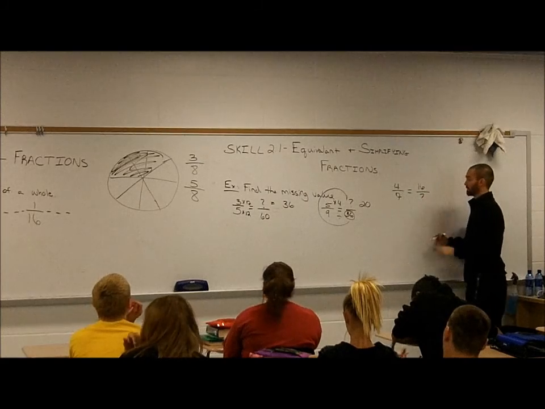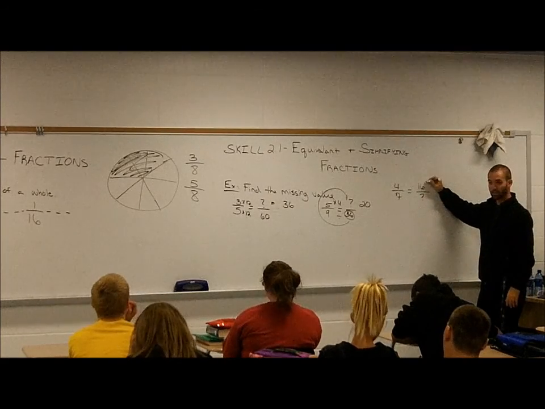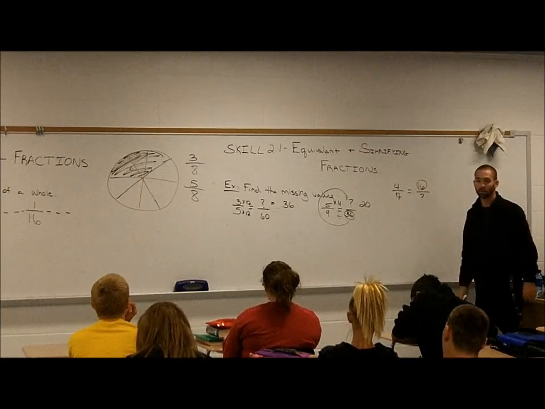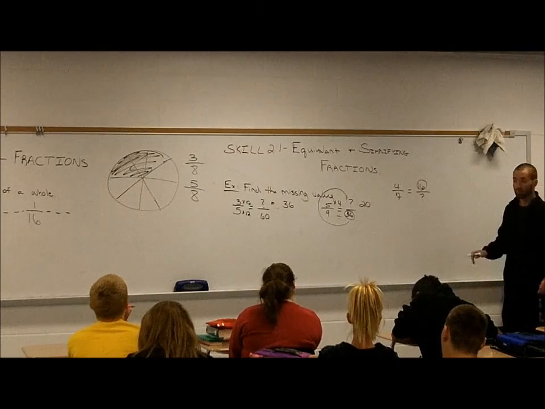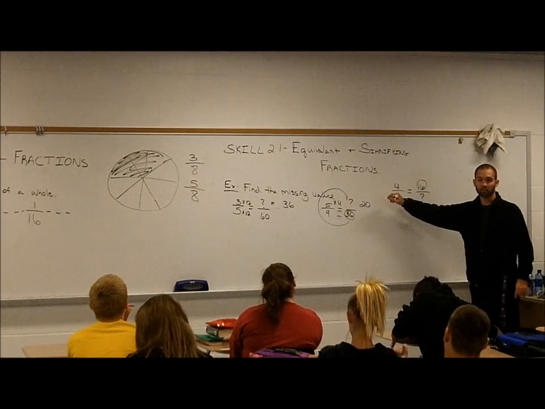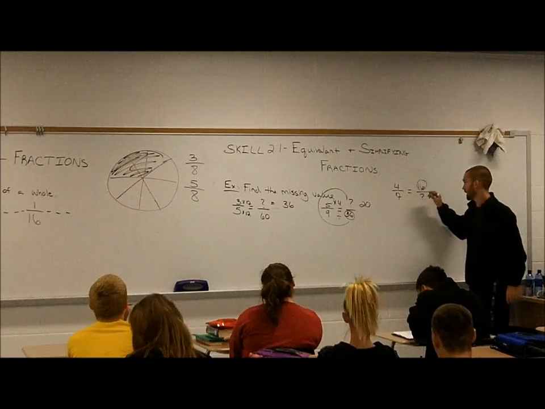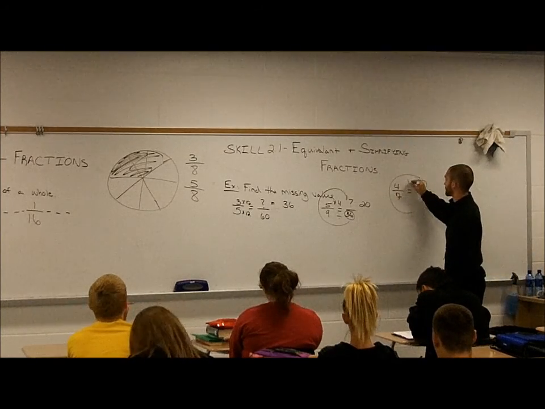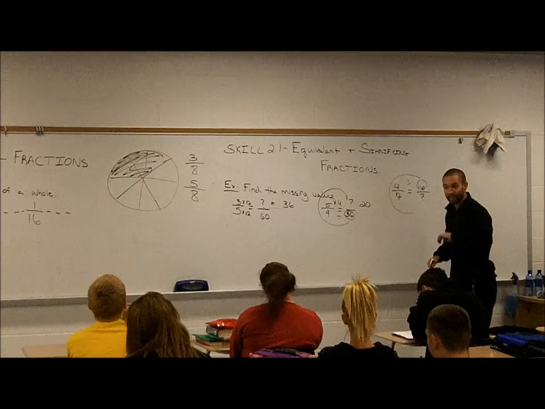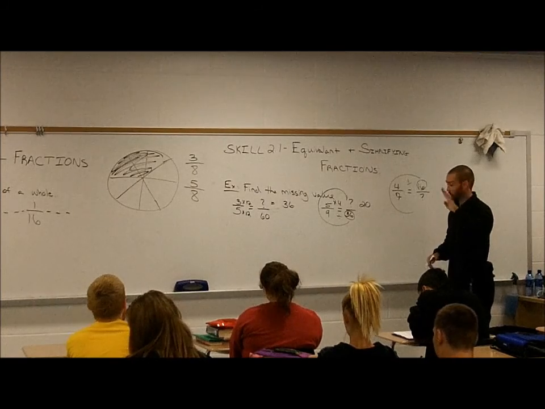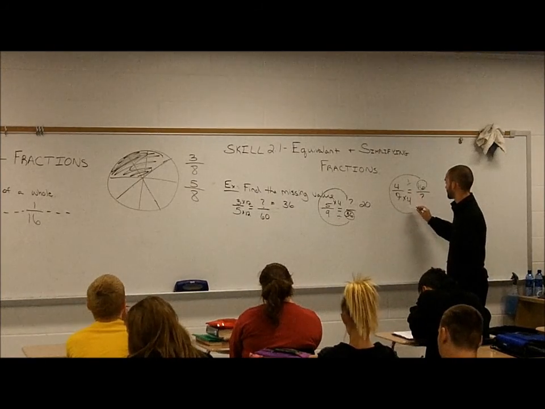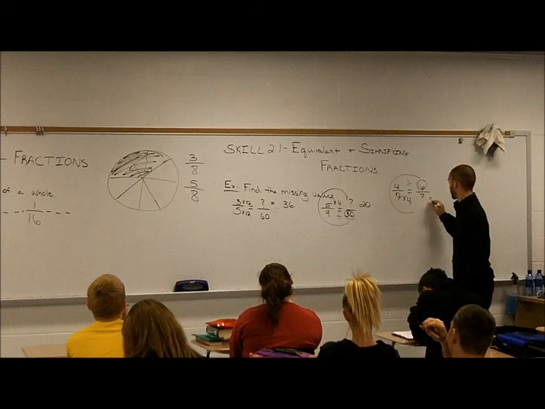Okay, good. And I start with 16, right? What side is the question mark on? Right. So when I go right to left, what do I start off doing? Divide. So what is 16 divided by 4? 4. And then I do 7 times 4. What do I get? Pretty easy, right?